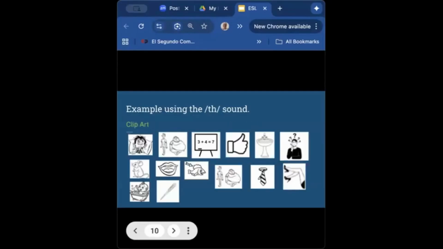You can use it for all different levels of your students because the pages have clip art in them, so you can point to the different clip art and talk about, are you sick or are you thick? Is it the sum or the thumb? A sink or a think? So you have clip art that can help develop some vocabulary as well as the cueing of the letters for the sounds in the words.